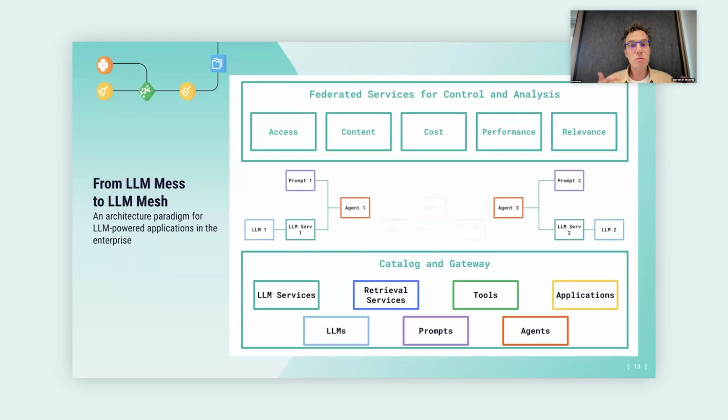And with that, you can start building these applications in a more sophisticated, modular, composable way, in a way that you can reuse different assets so that they can become stronger, more capable together, while you are very much able to monitor what your cost is, what the performance is, which LLM services you're using, where you can migrate from one to another. And of course, it's a more advanced architecture.